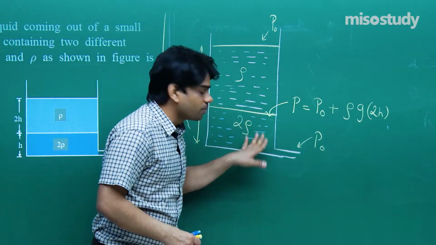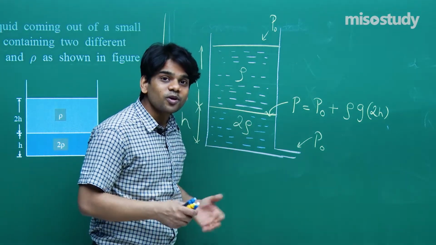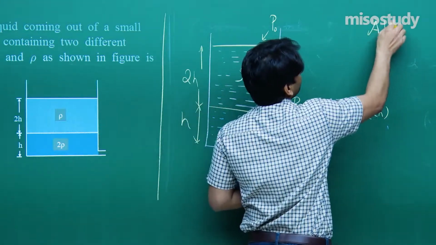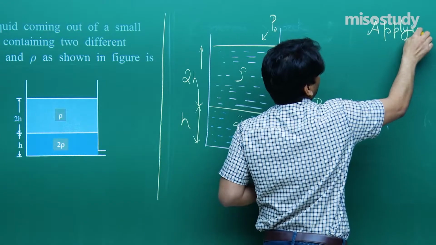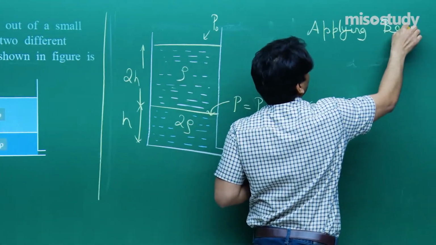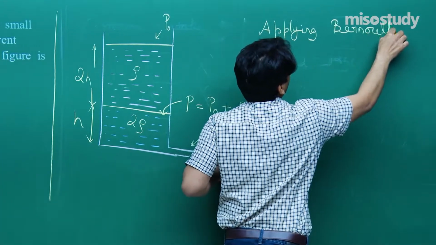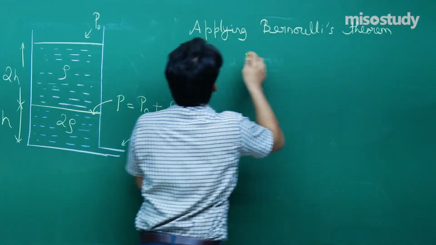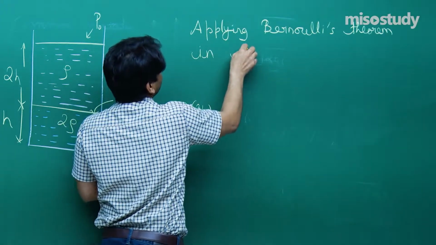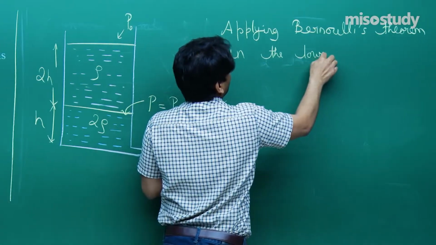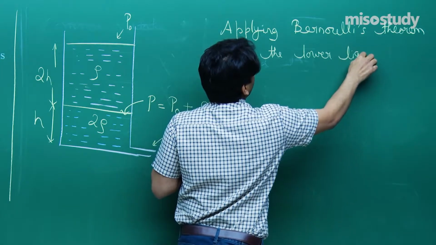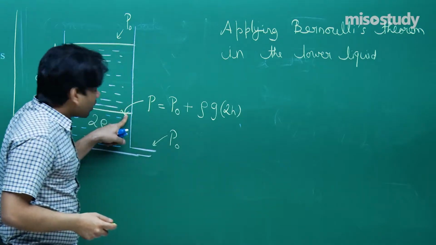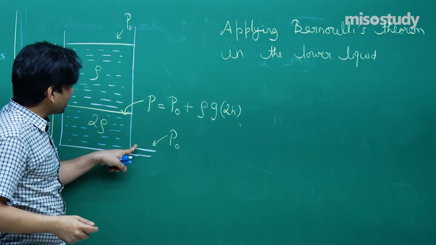Now this liquid is uniform, so you can apply Bernoulli's theorem in this part. Applying Bernoulli's theorem in the lower part of the liquid, we will be obtaining: the first part, the second part is at a height h.